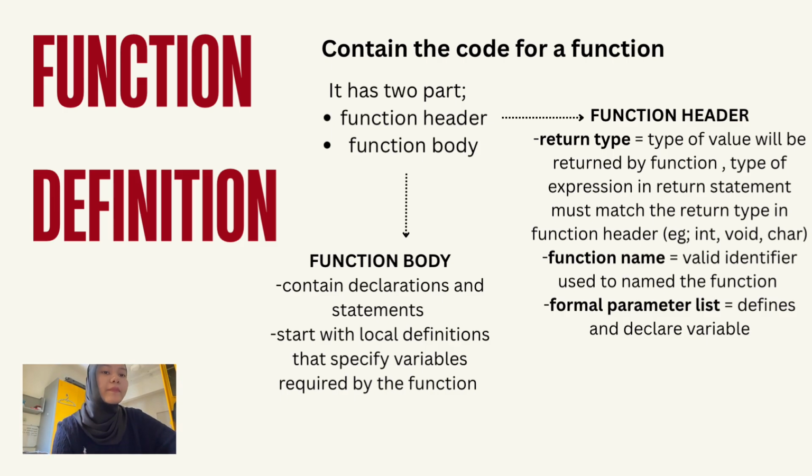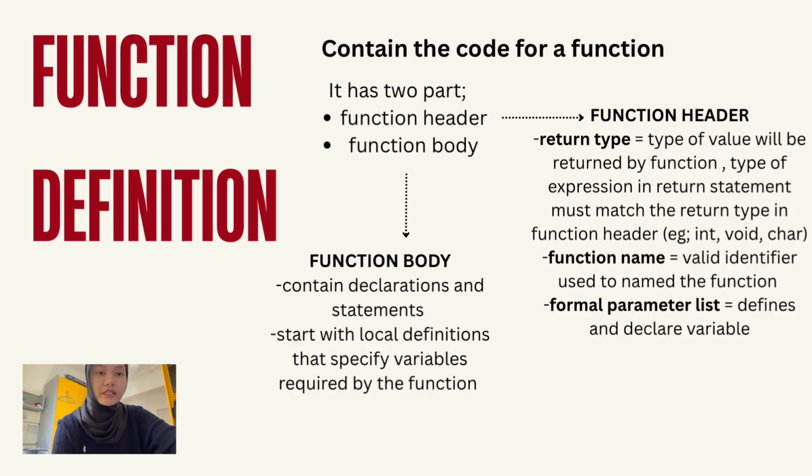The return type is the type of value that will be returned by the function. The type of expression in the return statement must match the return type in the function header. The function name is the identifier used to name the function. The formal parameter list defines and declares variables. The function body contains declarations and statements.